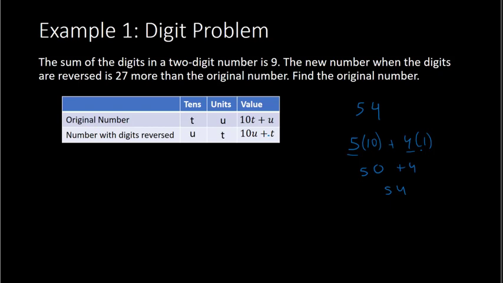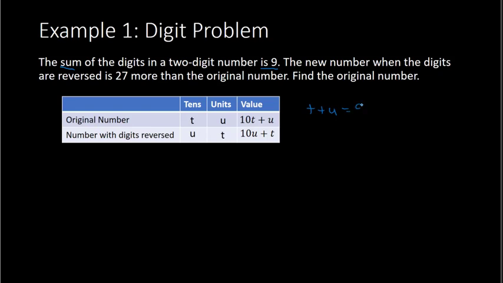Okay, so from here, we can use this table to set up 2 equations. To begin, we look at the other information that we have. In the first sentence it says that the sum of the digits in a 2-digit number is 9. So sum is 9, which means if I add these digits together, the t plus the u, tens place plus the units place, we're going to get 9.